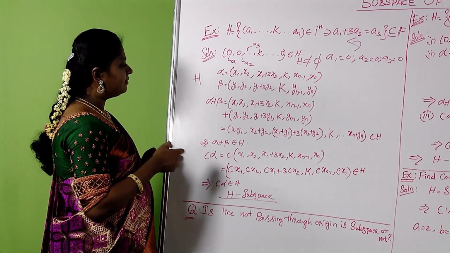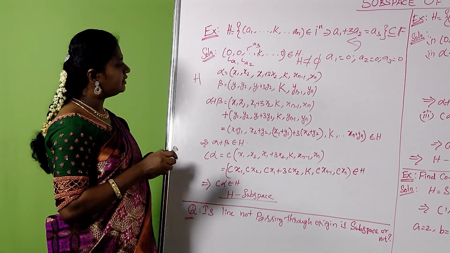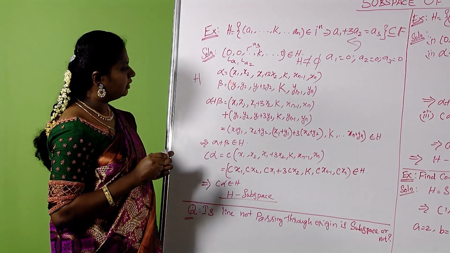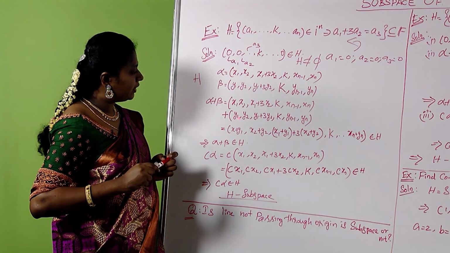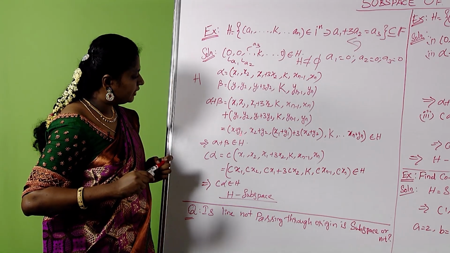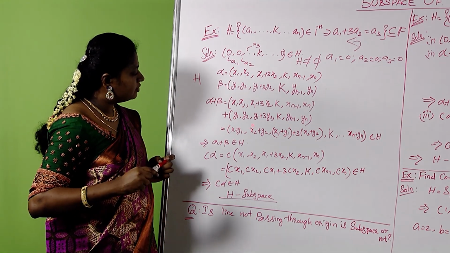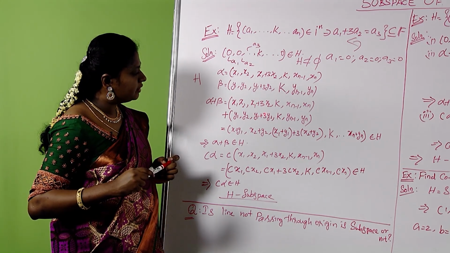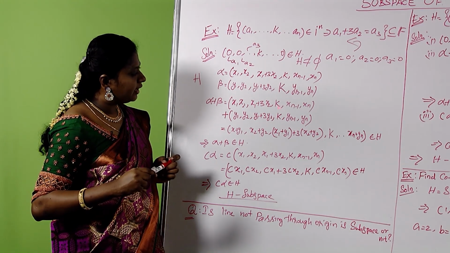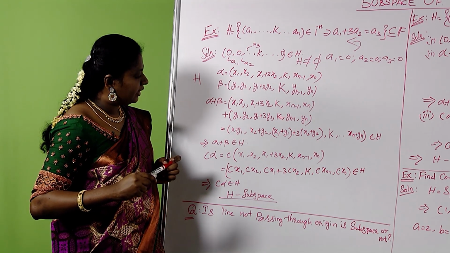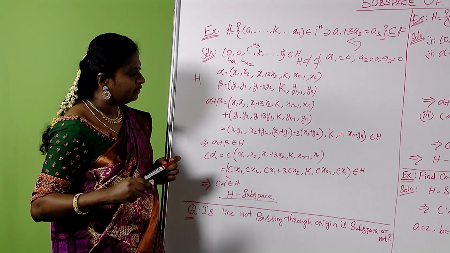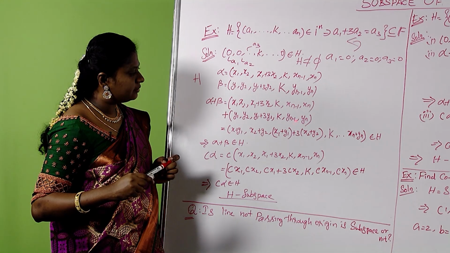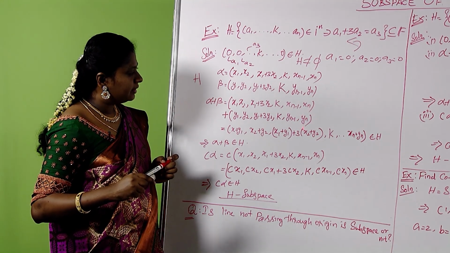I am finding alpha plus beta, and you can see this is x1 plus y1 here, and x2 plus y2 here, and the third entry is x1 plus 3 x2 plus y1 plus 3 y2, and then the remaining entries are the sums xn plus yn.